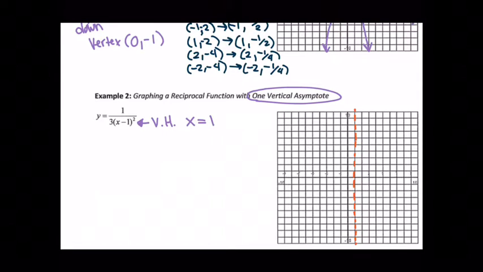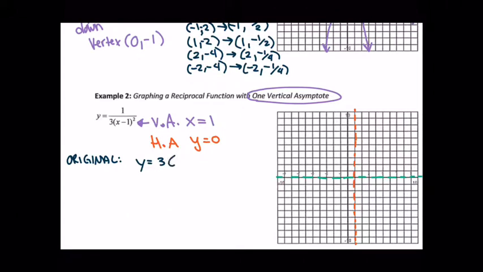And we always have the horizontal asymptote at y equals 0 as well. I'll draw that y equals 0 here. Now we're going to graph the original, and the original one is what is in our denominator, the 3x minus 1 squared.